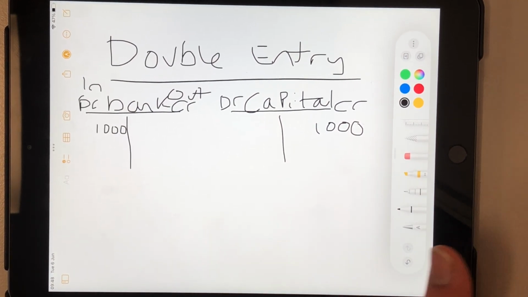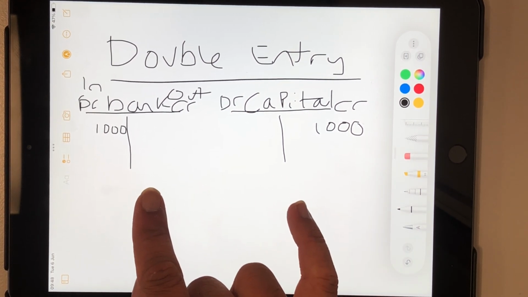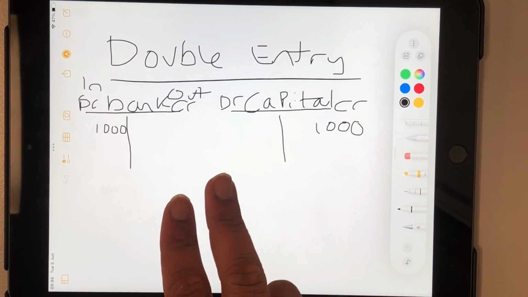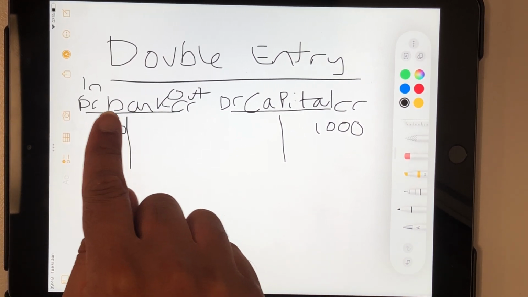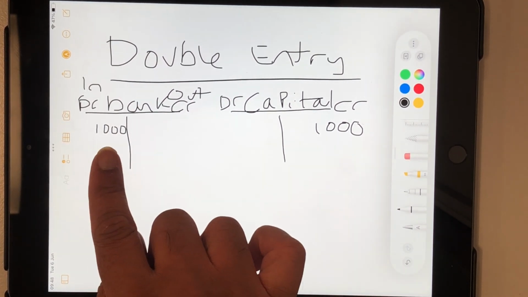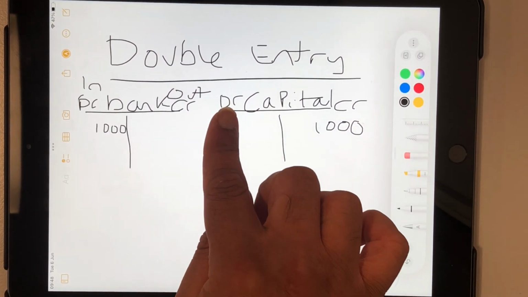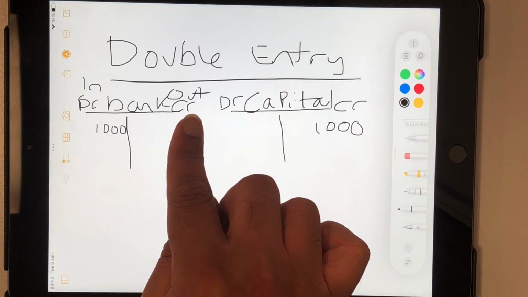So all you need to understand here is, number one, for every transaction, there are two accounts. Number two, every T account has a debit side and a credit side. So every transaction will have a debit entry and a credit entry, and a T account will have a debit side and a credit side.